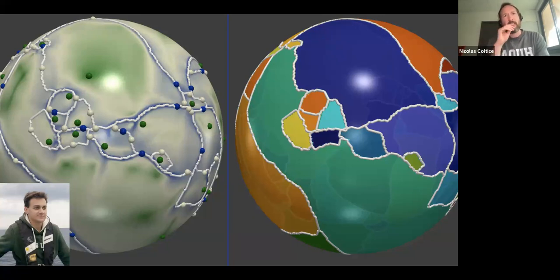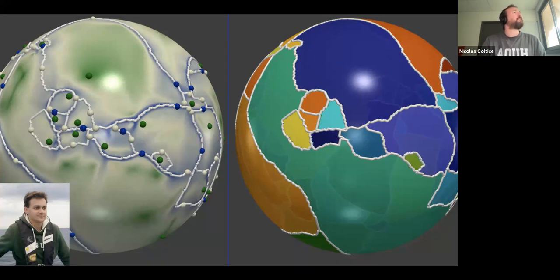On the right side, you can see the automatically generated plate layout from the continuous model that we make. So we can compare the organization of plates in the models to the Earth. This was the PhD work of Alexandre Janin that you see here.